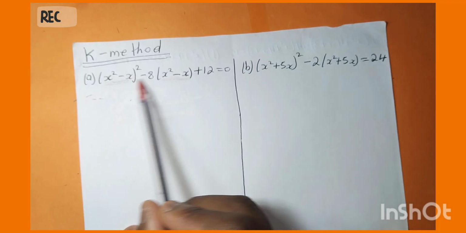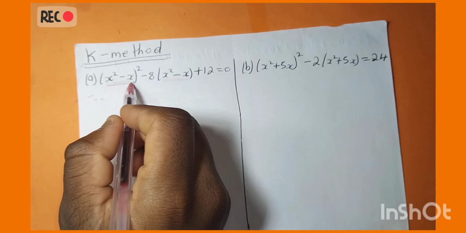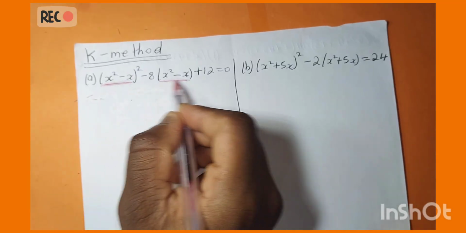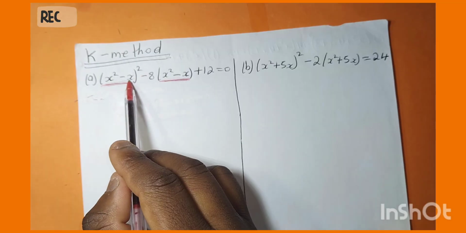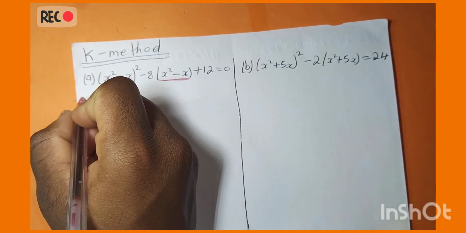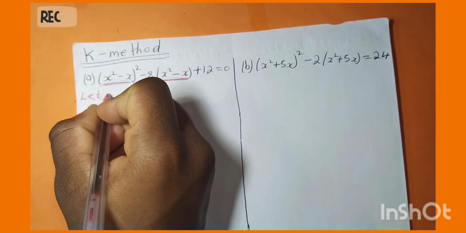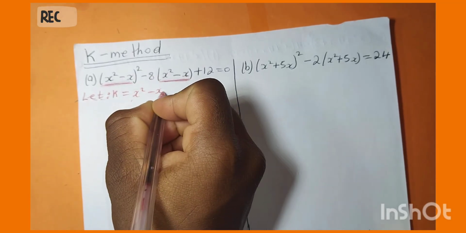So here I can apply the K method. Do you notice that this thing is common with that one? If those two things are common, what you can do is just let them be K. Just say let K be equal to this and that.